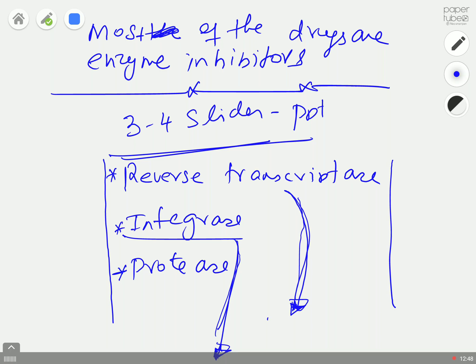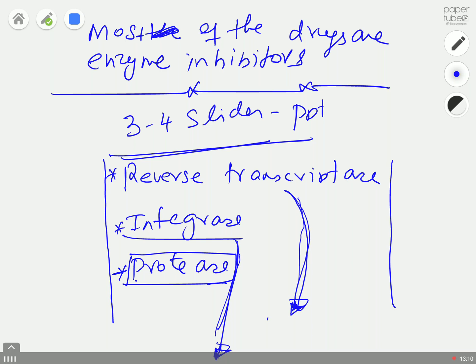In fact, most viruses replicate through this strategy, by cleavage of the large polyproteins, and for that you need this particular enzyme, HIV protease.